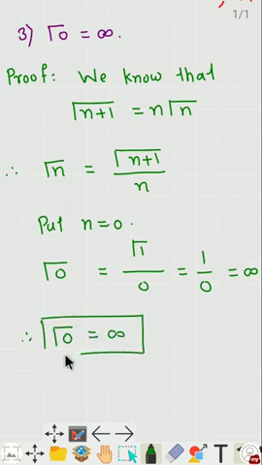In this way we proved the property gamma 0 equal to infinity.